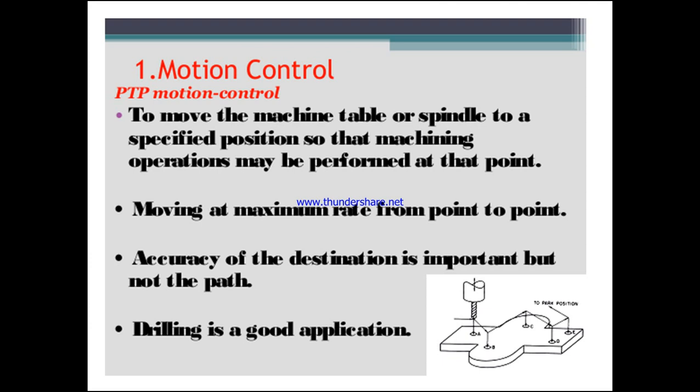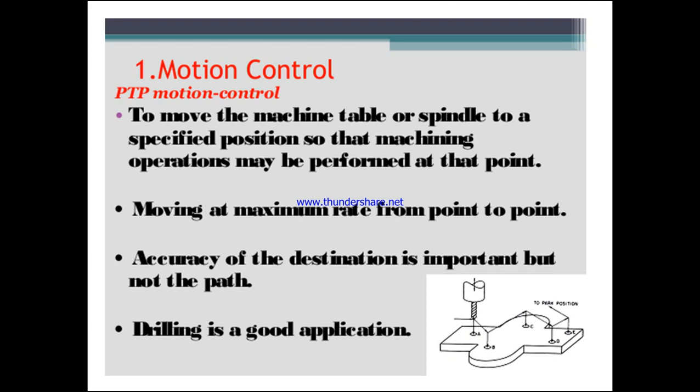I already explained this, that is the point-to-point control. With respect to the point-to-point control, we are going to have a movement from one point to another, but the starting point is taken as 0 and it goes on moving. So to move the machine table or spindle to a specified position, so that machining operations may be performed at that point here. Moving at maximum rate from point to point, accuracy of the destination is important but not the path.